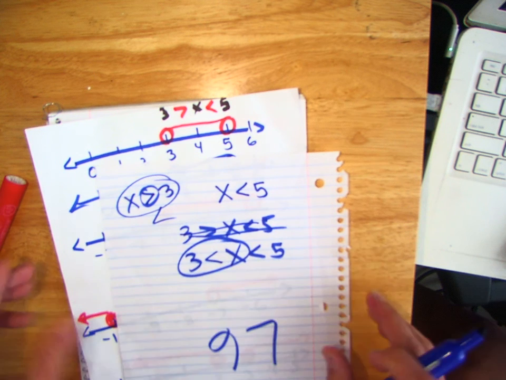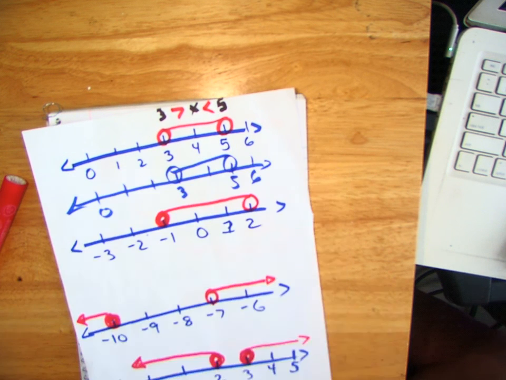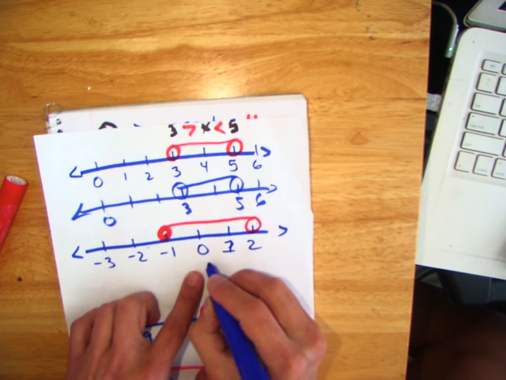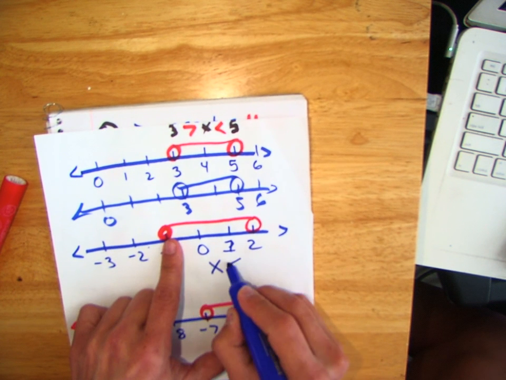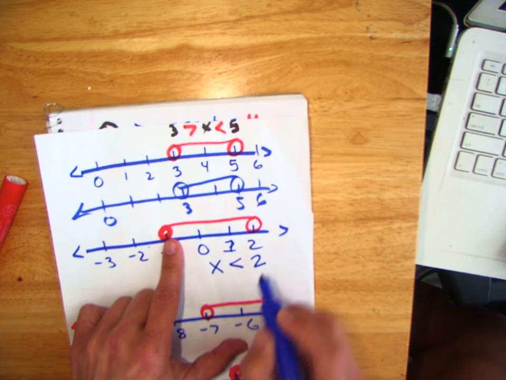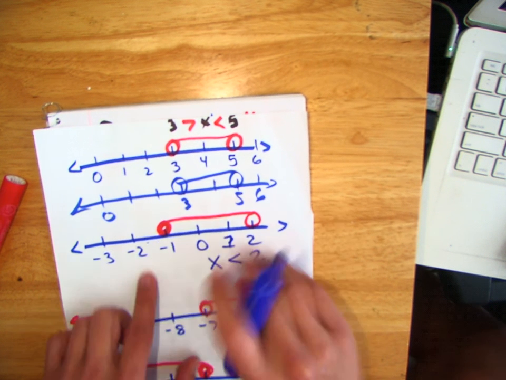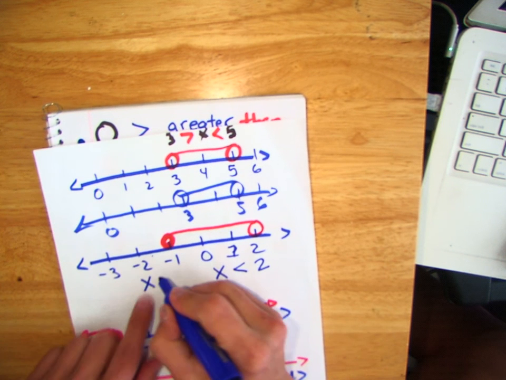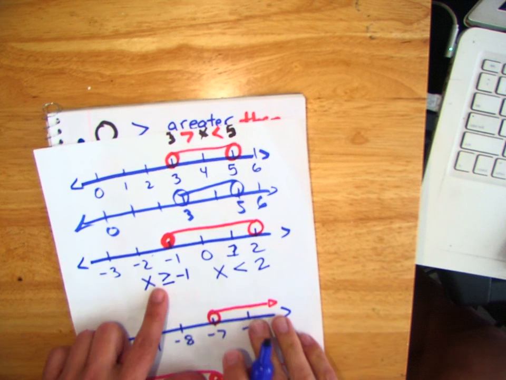All right, so let's do some more, okay? Some more. So just so that you get the hang of it, all right? So for example, here we have x less than 2, but it's not equal to 2. So, and then here, I'm going to cover this, and this is x is greater than or equal to -1, okay?